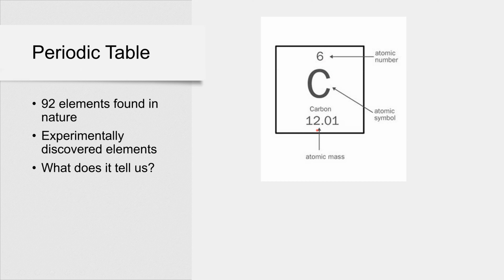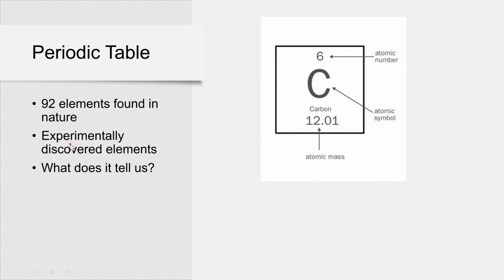So atomic mass is the sum of protons and neutrons. And we use atomic units as a unit of this atomic mass. So 92 elements are found in nature. We do have experimentally discovered elements, and it tells us that they are not stable enough to exist in nature, right?